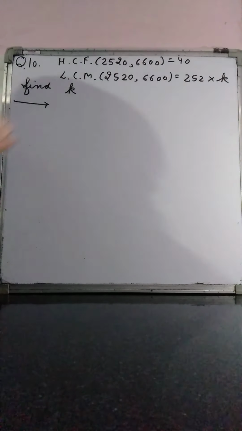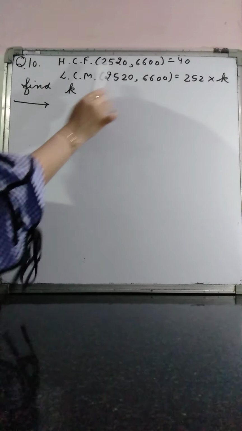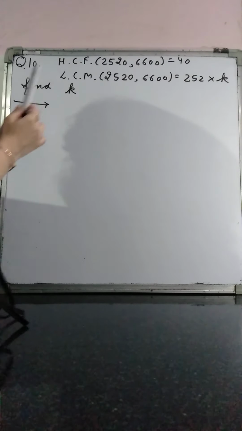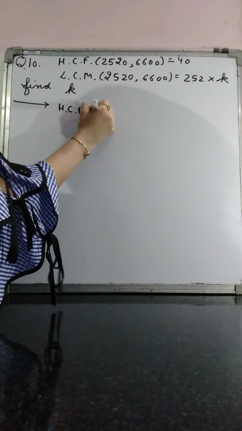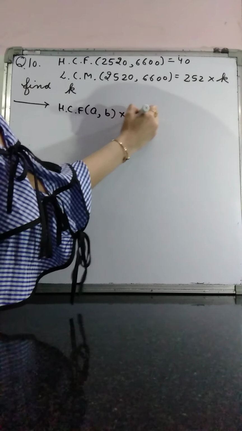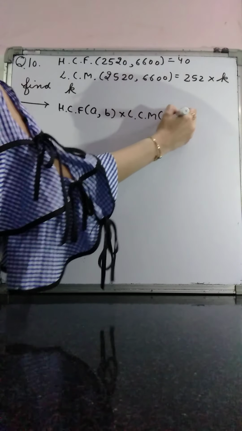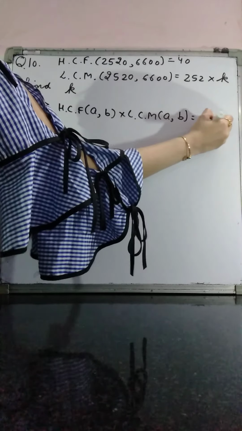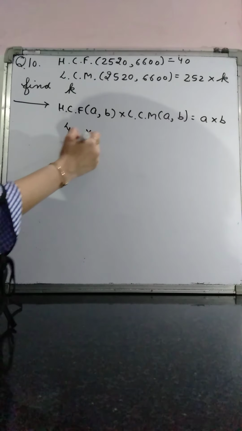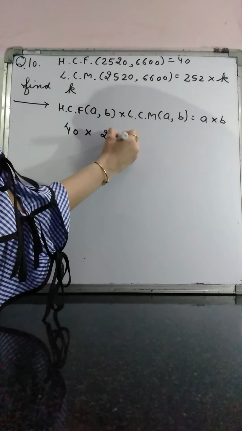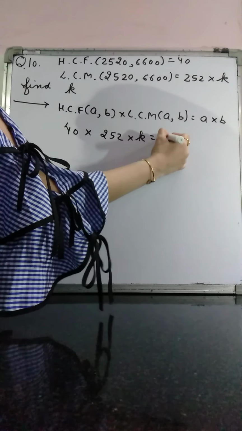Now the question is, we are given HCF of two numbers, LCM of two numbers and the numbers. We need to find the value of K. Apply the identity. HCF of A, B into LCM of A, B is equal to A into B. HCF is substitute value 40. LCM is 252 into K. The numbers are 2520 and 6600.